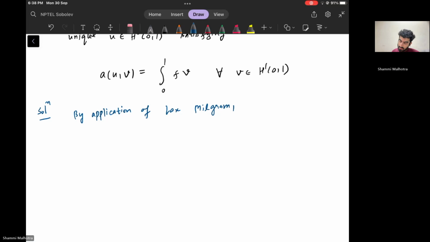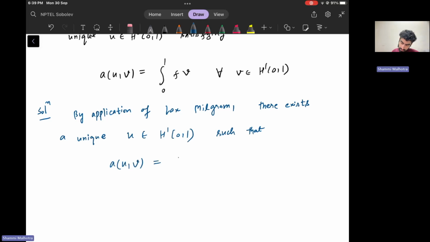There exists a unique u belonging to H^1 such that A(u, v) is the integration from 0 to 1 of f v.